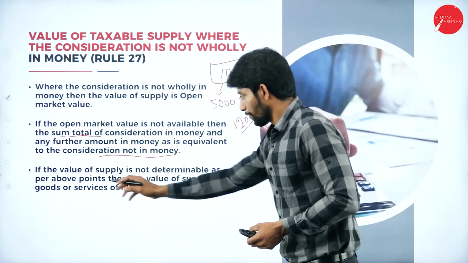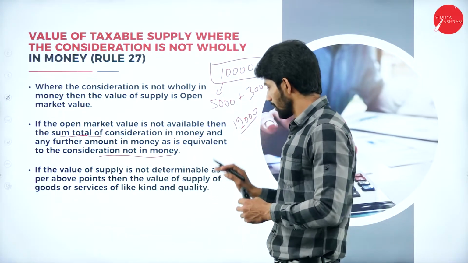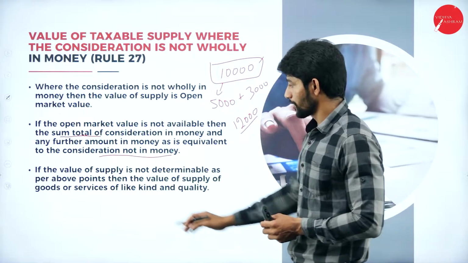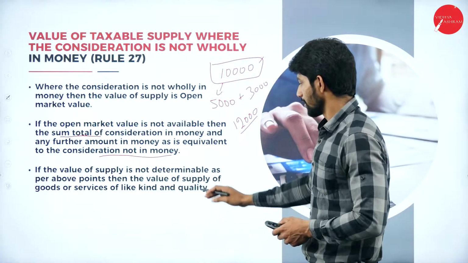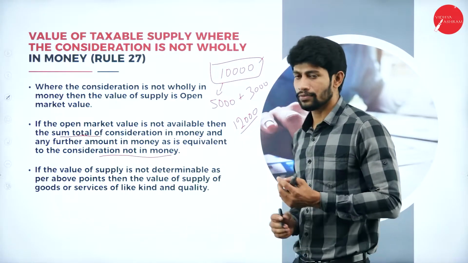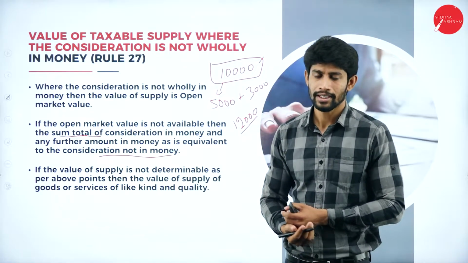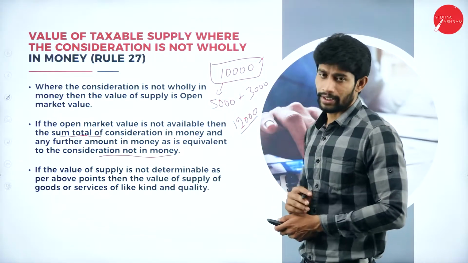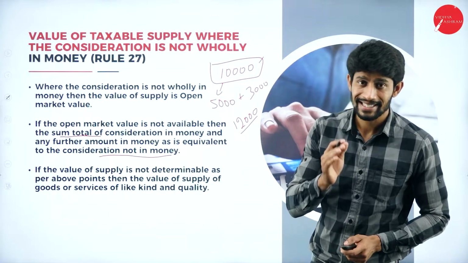Again, if the value of supply is not determinable as per the above points, then the value of supply of goods or services of like kind and quality will be the value of supply under rule number 27.